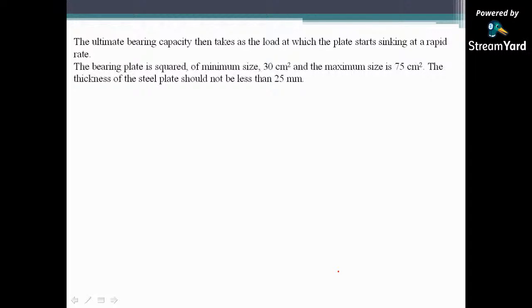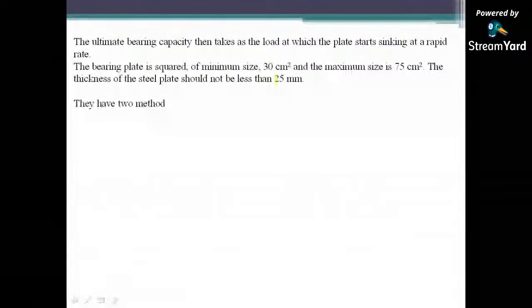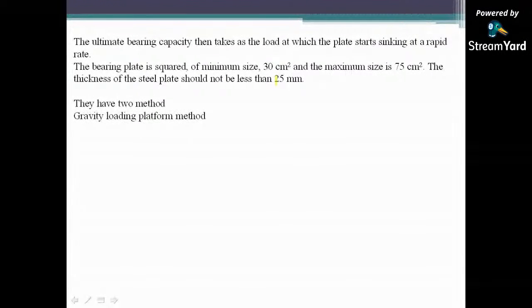The bearing plate is square, of minimum size 30 centimeter square and maximum 75 centimeter square. The thickness of the plate should not be less than 25 mm. There are two methods: the gravity loading platform method and the reaction truss method.